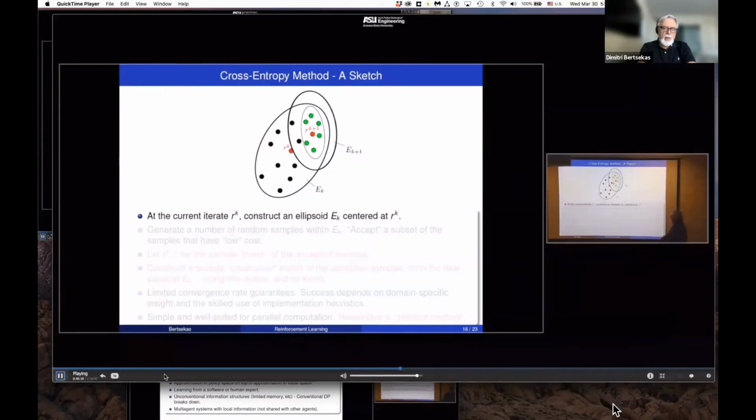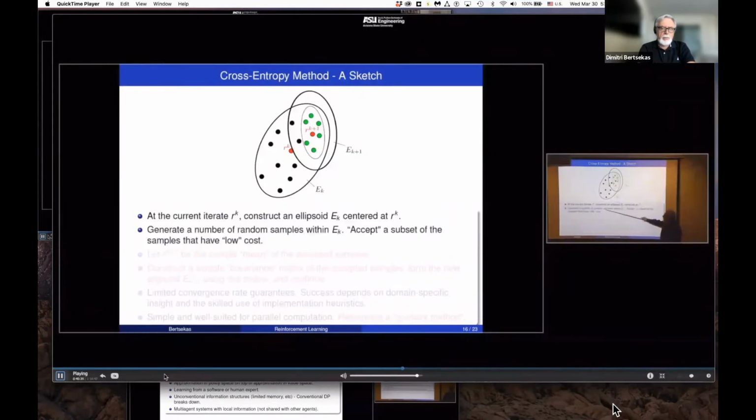And at the current iterate, it constructs an ellipsoid, which I denote here by Ek, which is centered at the current iterate. Okay. This is the neighborhood within which we search. We generate a number of random samples within this ellipsoid, and some of them are going to be good, some of them not so good in terms of cost. Now, this method accepts a subset of the samples that have low cost, and these are the green ones in this figure.